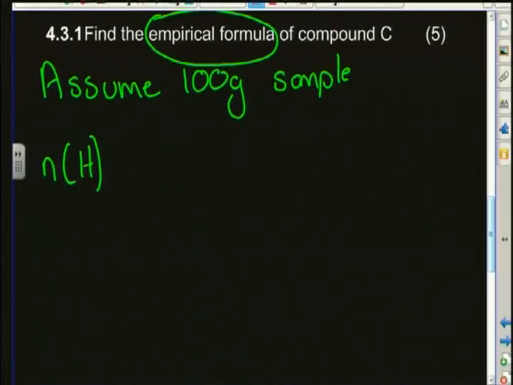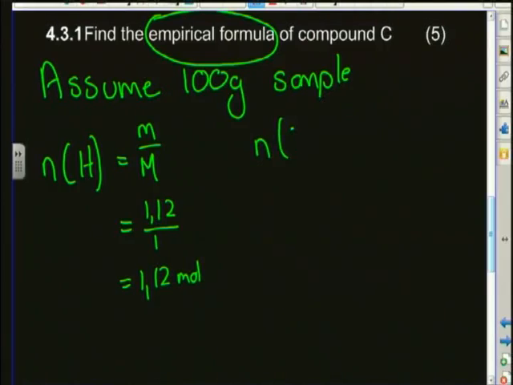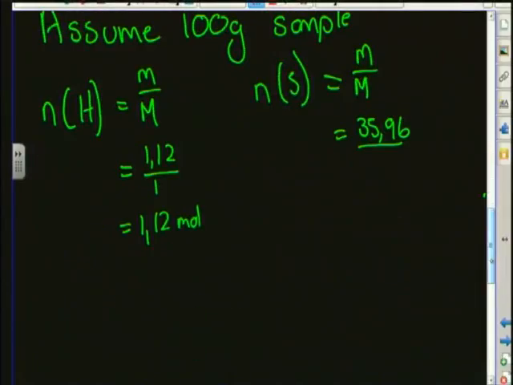So if we look at the number of moles of hydrogen, and remember number of moles is mass divided by molar mass, so it's 1.12 divided by 1, which is 1.12 moles. We love calculations like that. Number of moles of sulfur, mass over molar mass, so it's 35.96 divided by 32.